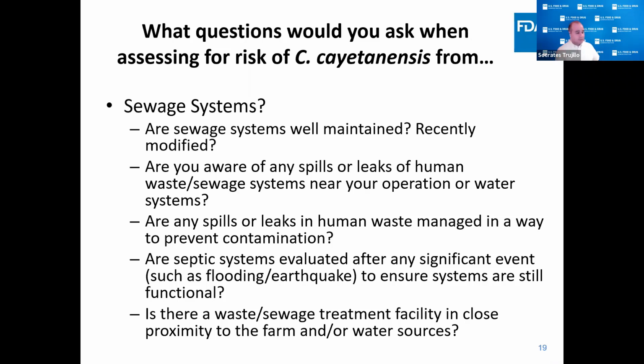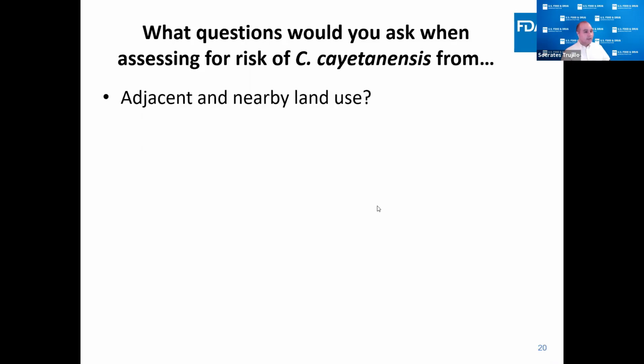Do they document those things, so you start getting all the information? And in some parts of the United States, there are floodings and earthquakes, and if there are sewage plants by these farms or packing houses, do they have a plan to make sure that the source of water of the place will not be contaminated with sewage, right? So those are the questions you need to start asking when you're visiting.